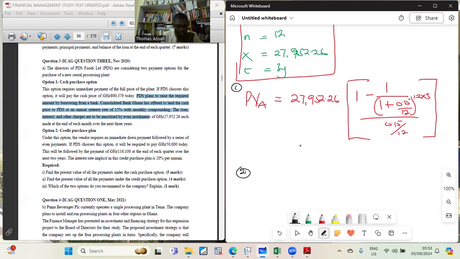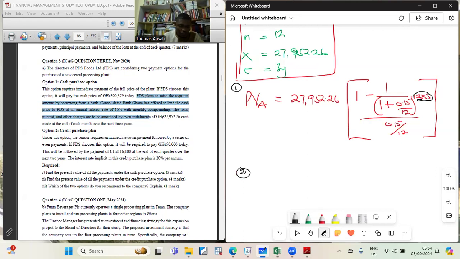We will work this, and let's see. 1, we have 0.15 divided by 12, all right, plus 1 raised to the power. This one should give me 36, but you can punch it. I mean, you can punch raised to the power 36 or raised to the power 12 times 3, so that you don't make mistakes. All right, so that is that.